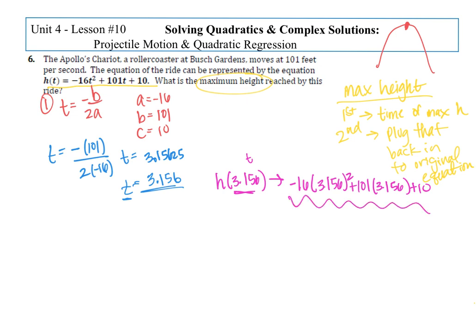Okay, and when we get out of there, our height is going to be about 169.39 feet. That is our highest point. So again, to find maximum height, first we need the time it's at its maximum height, and then we have to plug that back into the original equation and solve for h.